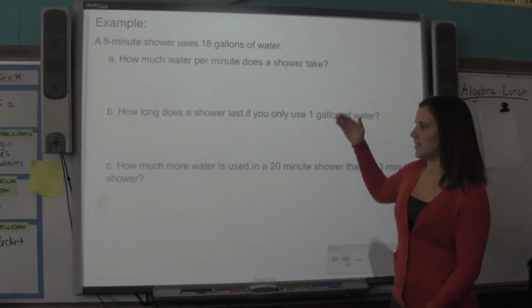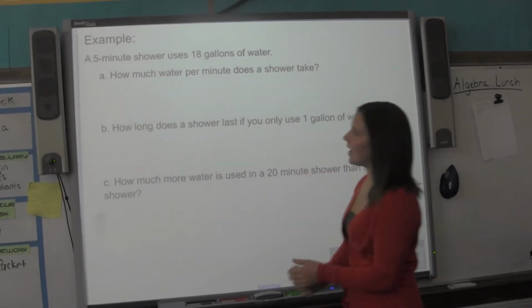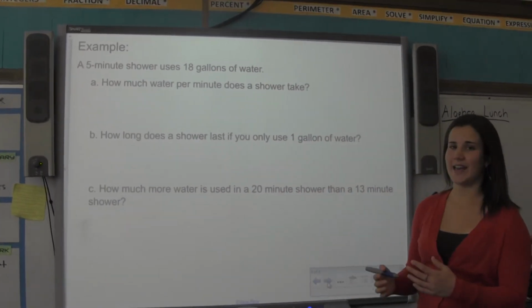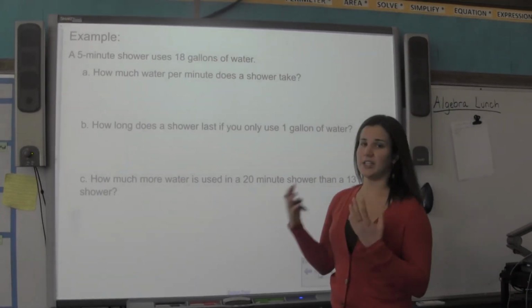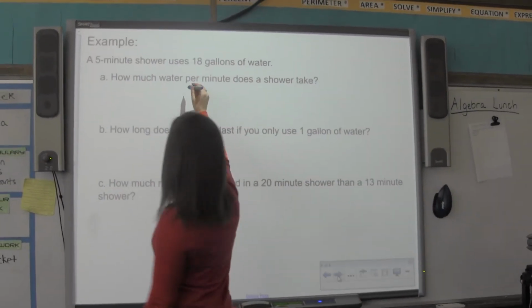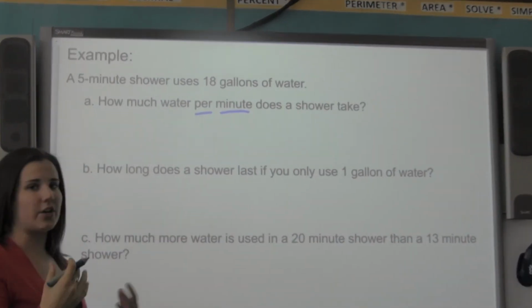Here's an example that has kind of 3 parts. So I have a 5-minute shower that uses 18 gallons of water. The first thing I want to know is how much water per minute each shower takes. So I'm doing per minute, which means my minutes are going to go in the denominator.